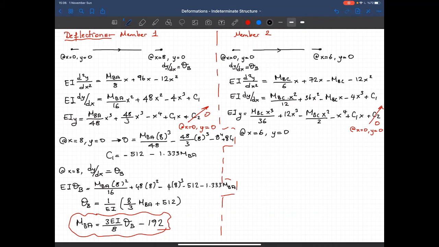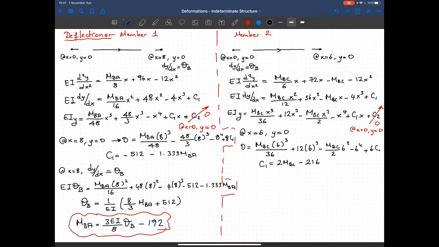And from that, I obtain 0 is equal to M_BC 6 cubed divided by 36 plus 12 6 cubed minus M_BC over 2 6 squared minus 6 to the power 4 plus 6 C1. And when you simplify that equation, we obtain C1 as equal to 2 M_BC minus 216.